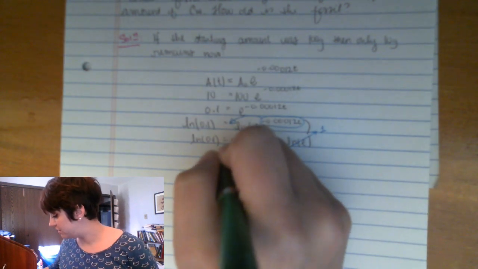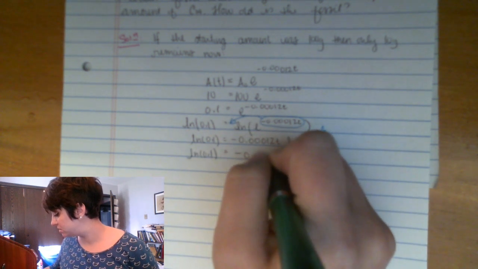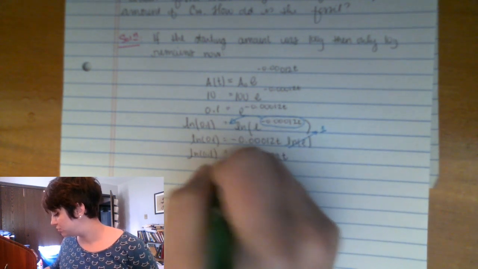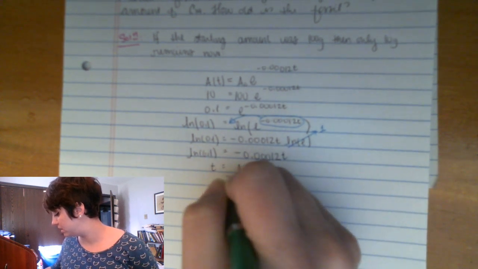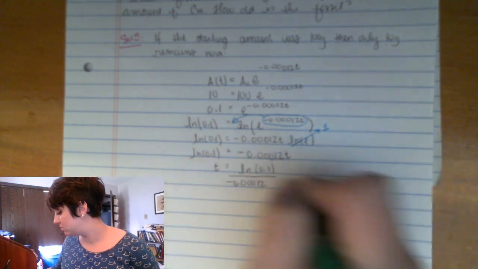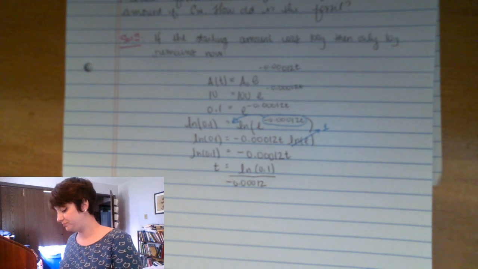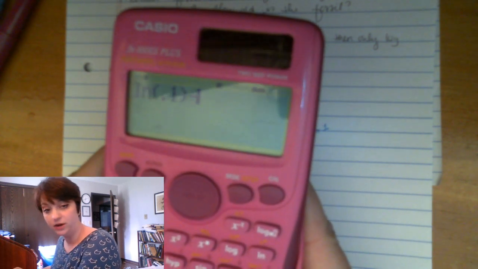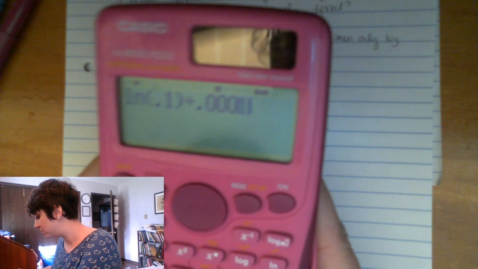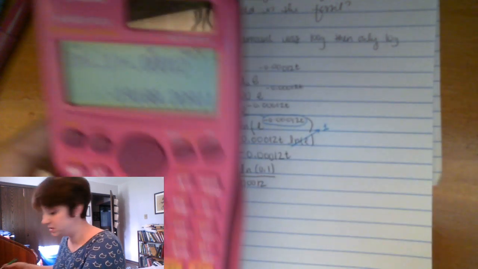So I just have the natural log of 0.1 is negative 0.00012 t, which means t is the natural log of 0.1 over negative 0.00012. So if I plug this in, natural log of 0.1 divided by 0.00012. So I divided by positive instead of a negative.